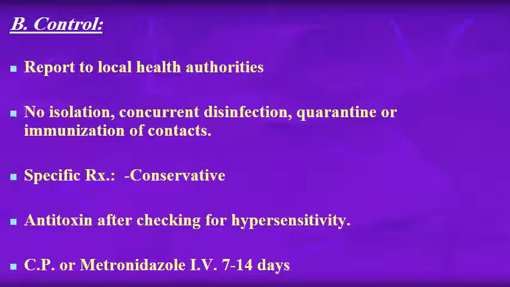But here, as you see, the most important is to deal with the killer, not the microorganism, but the toxin. And then we deal with the microorganism by giving antibiotics like crystalline penicillin or metronidazole, which we need to give sometimes for 7 to 14 days intravenously.